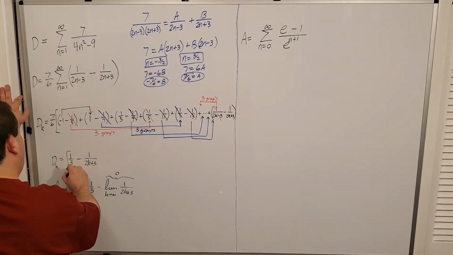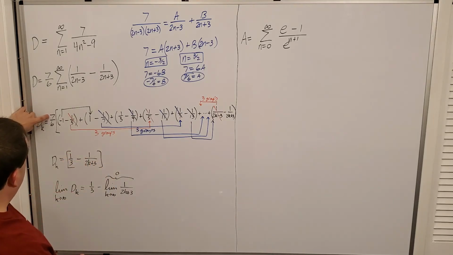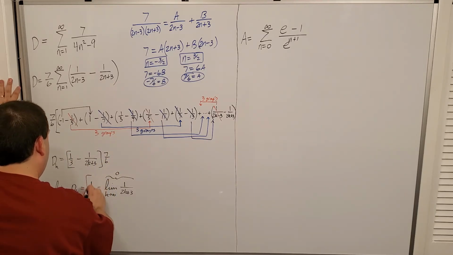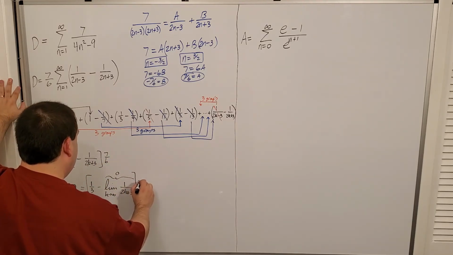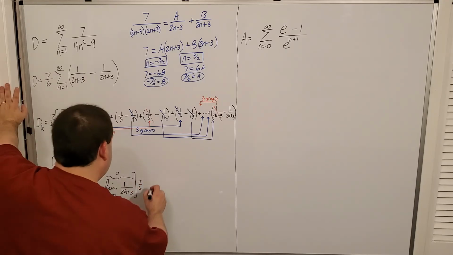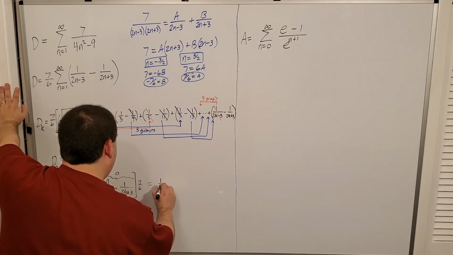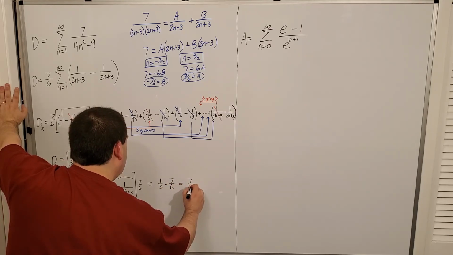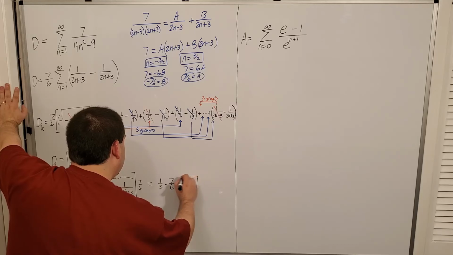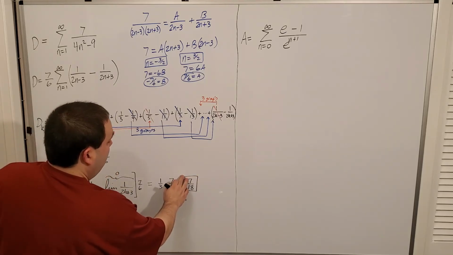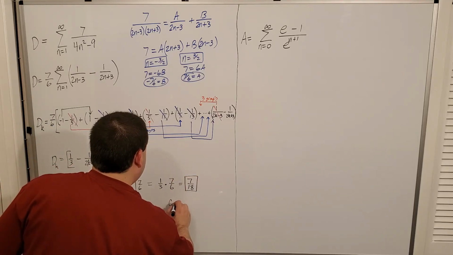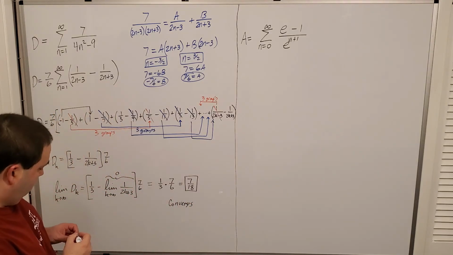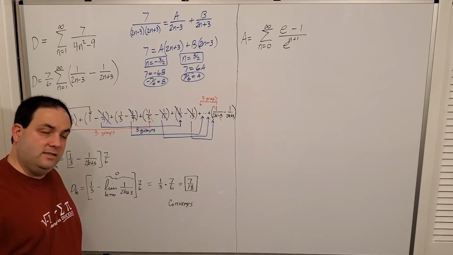This is supposed to be times 7 over 6. So I'll just trail it in the back end here. Times 7 over 6. So this is now going to be equal to 1/3 times 7/6, which is 7/18. And therefore this series converges. It actually converges to 7/18.